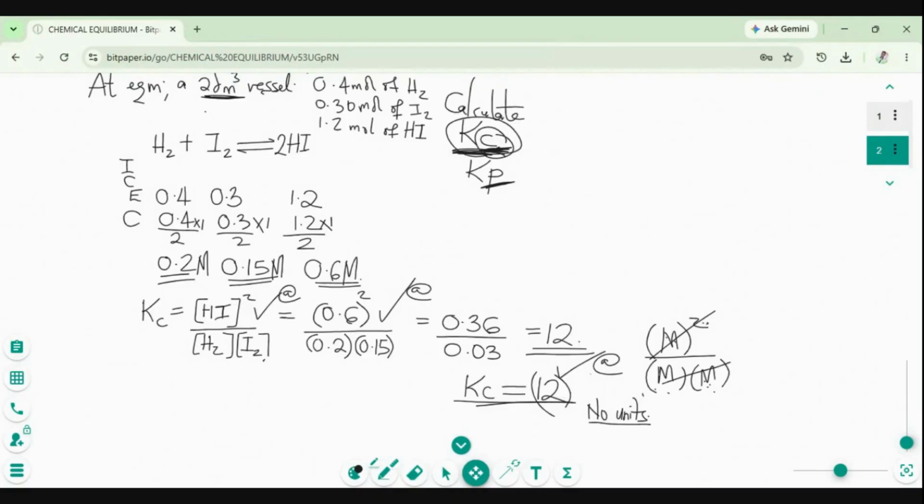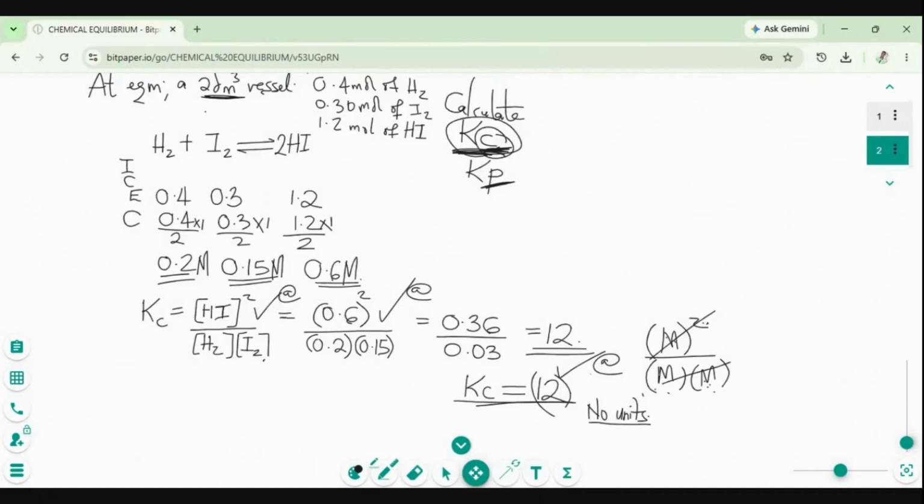Now, after getting the concentration, I calculate the Kc by first stating the formula, secondly, substituting rightly into my formula, and then thirdly, finally getting the final answer. And the answer has the value and its units. Those are principles that you should be moving on with the moment you start doing a calculation in chemistry. Okay, that's very good.